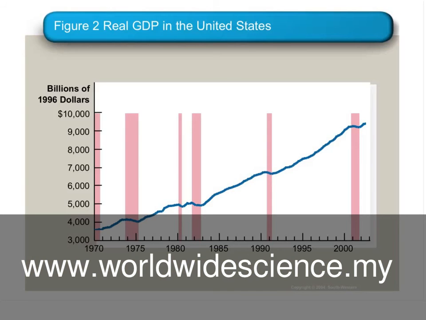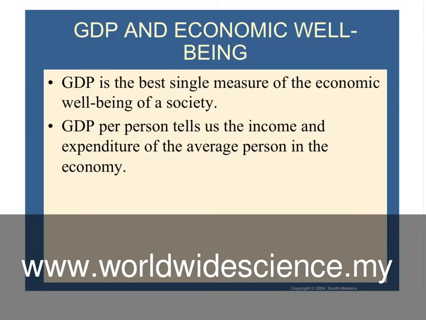As you can see, nominal GDP in the United States is actually increasing over the years, and that's because the prices are increasing. So the higher it goes, the more issues we are supposed to be concerned about.